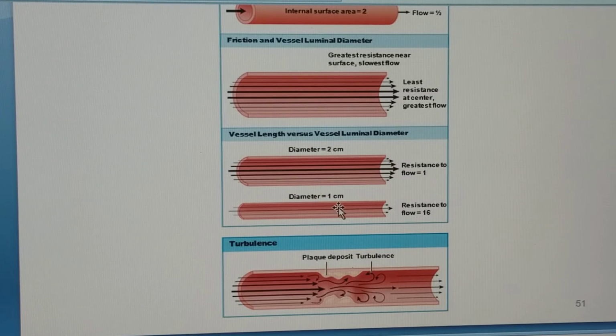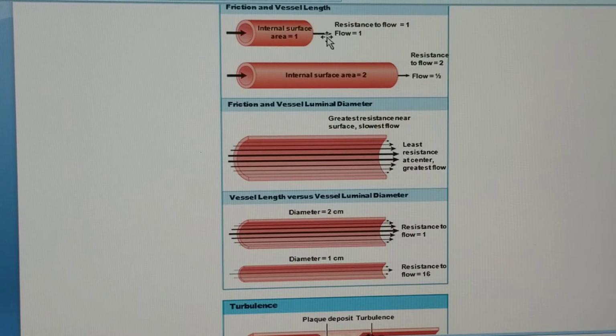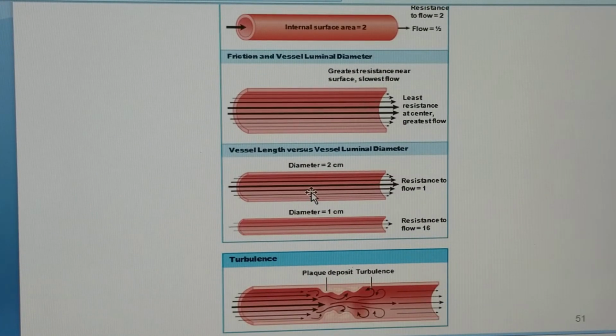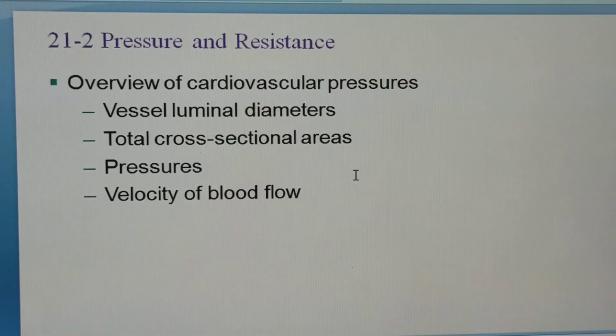So our resistance is 16 times greater when we reduce the lumen size of the vessel. And so that's all that chart is showing you. It's giving you the difference between length of the vessel and resistance versus diameter of the vessel with resistance.